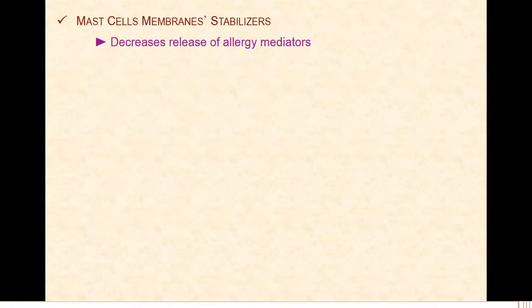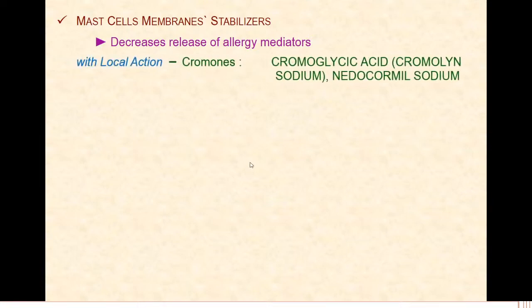Stabilizers of mast cell membranes. These agents decrease release of allergy mediators. That is why these are specific drugs used for allergic reactions of immediate type. Bronchial asthma belongs to this type of allergic reactions.